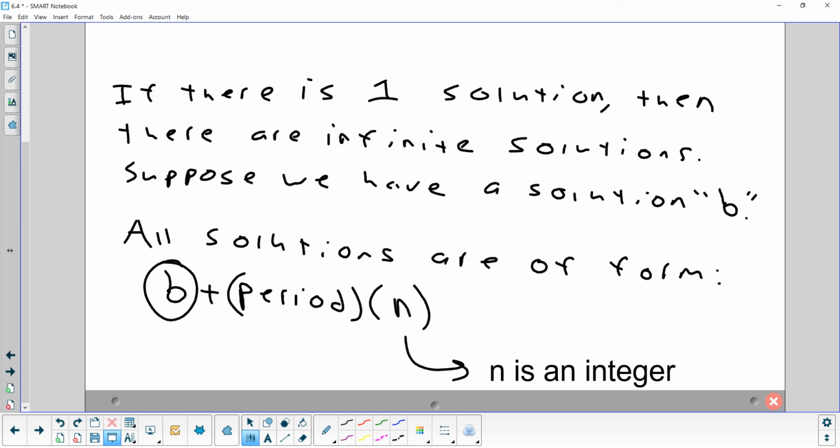Find one solution using second calc intersect, just like we did yesterday, and then put plus the period times n. That tells me you know one of the solutions, and you're telling me that that solution is going to repeat every cycle. And n can be a negative number, which would mean it would be occurring in cycles before as well.